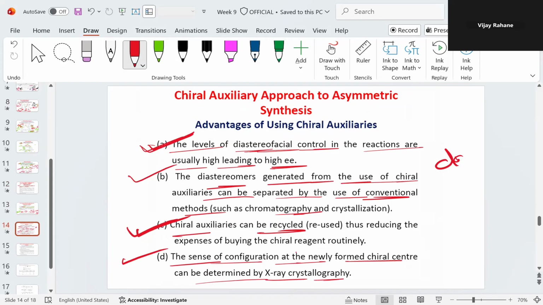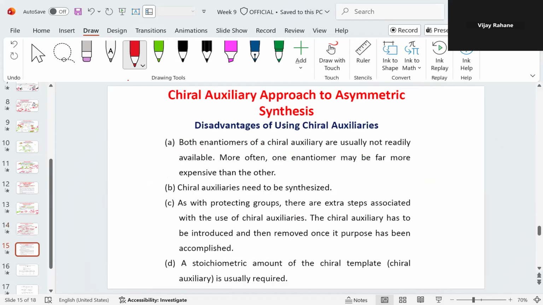If you use a bulkier or rigid, heavier chiral auxiliary with some groups, then if the formed product forms crystals, it will be very easy to determine the configuration by crystallography. That's generally not the case for enantiomers. But when you use the chiral auxiliary, the formed products are diastereomers, so the configuration of the newly formed chiral center will be easy to determine by X-ray crystallography.